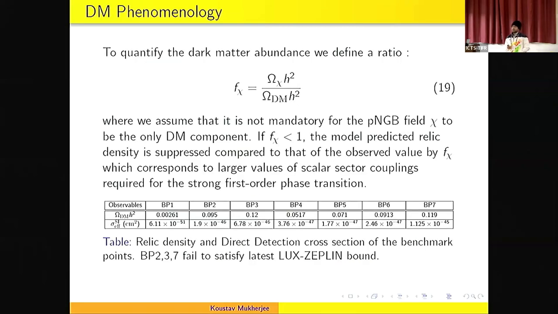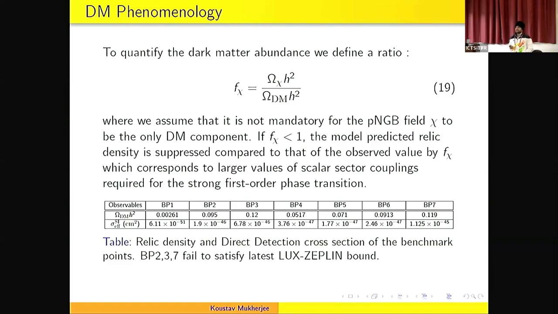Okay, so now coming to the DM phenomenology, to quantify dark matter abundance, we define this fudge factor Fi, which is given by the obtained relic density divided by the observed relic density, which is around 0.12. So if the imaginary component of the S field is a dark matter candidate, we can say that our model also explains the dark matter phenomenology.